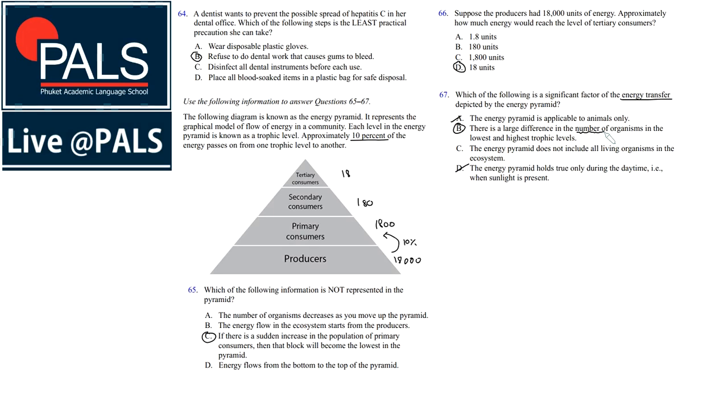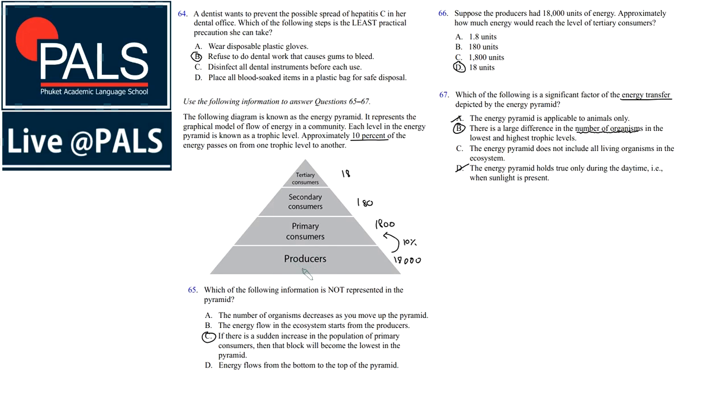I don't really like the number of organisms here. Number of organisms is always problematic because it's more about the biomass, the total mass of organisms on each level, because organisms can have very varying size and mass and therefore stored amount of energy in their body.